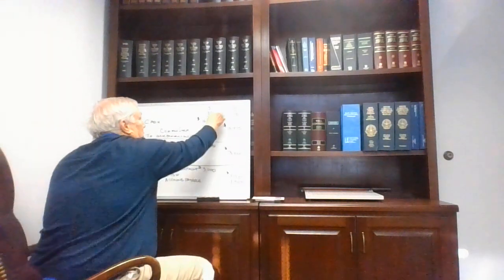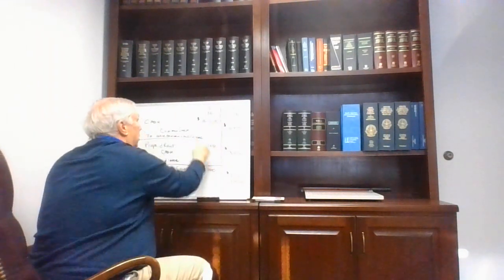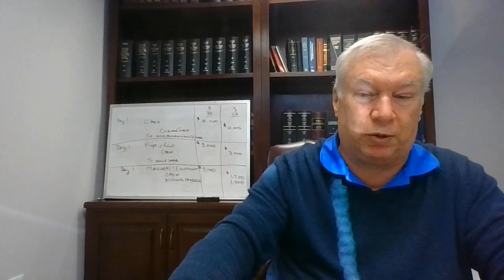Now we've got $3,000 in the debit column, and we've got $3,000 in the credit column, and everything balances. Okay, so that's an example of a simple but slightly more complex entry for the purchase of machinery. And as we'll see later in the problem, we're going to have to adjust that account as the machinery and equipment.